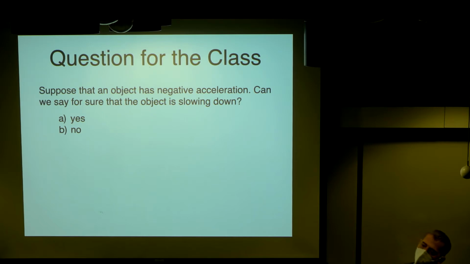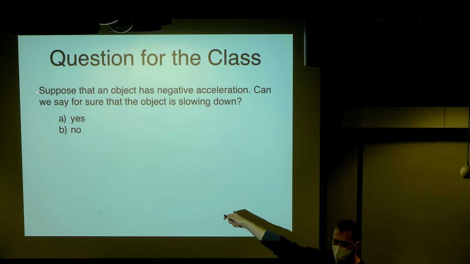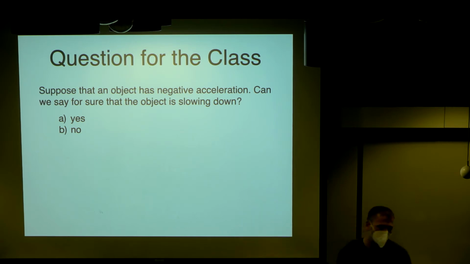So, what do you think? Let me just get your initial gut feeling on this, okay? Who thinks negative acceleration just means you're slowing down? Who thinks no, there's more going on? Okay, so you're right if you said no. There's more going on than just saying negative acceleration equals slowing down, okay?